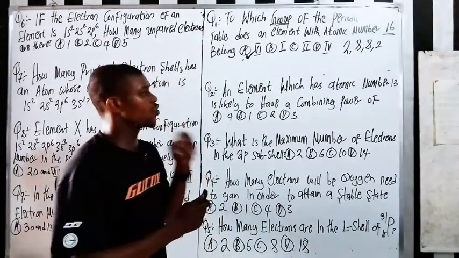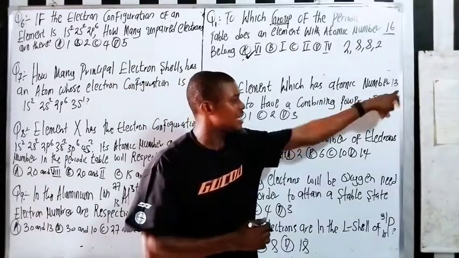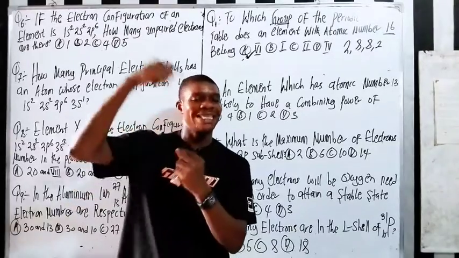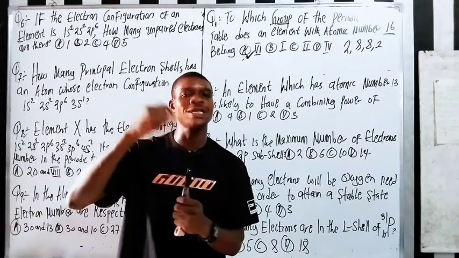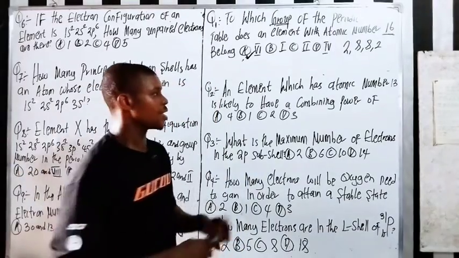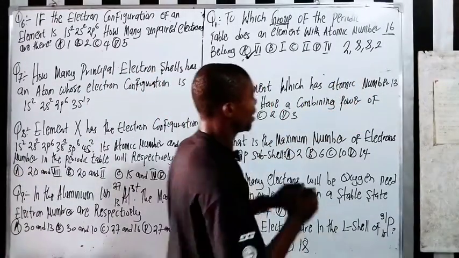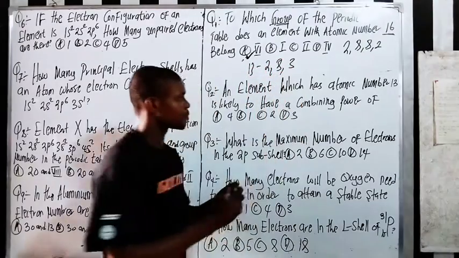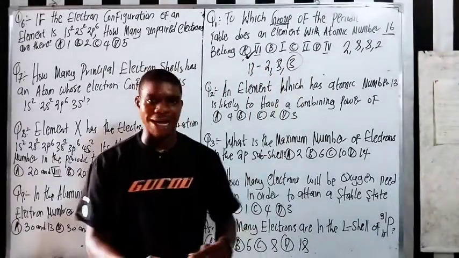Do you understand? If you look at the element with atomic number 13, the valence electron will determine the combining power. Here, 13 is 2, 8, 3. The valence electron is the combining power.